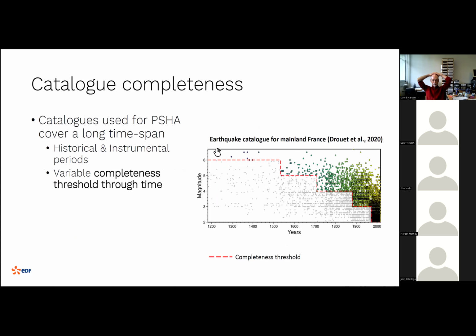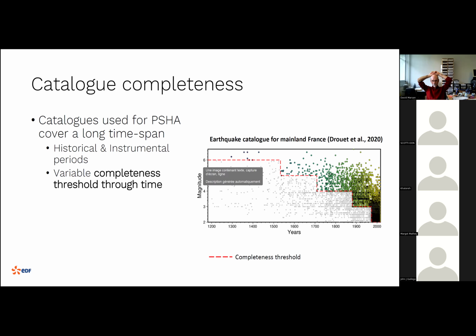I will go very rapidly, but what kind of completeness problem can we have with PSHA? So here is an illustration. You have here the historical catalog for France, spanning the period from 1200 to present. And you see that the density of events decreases for historical periods.